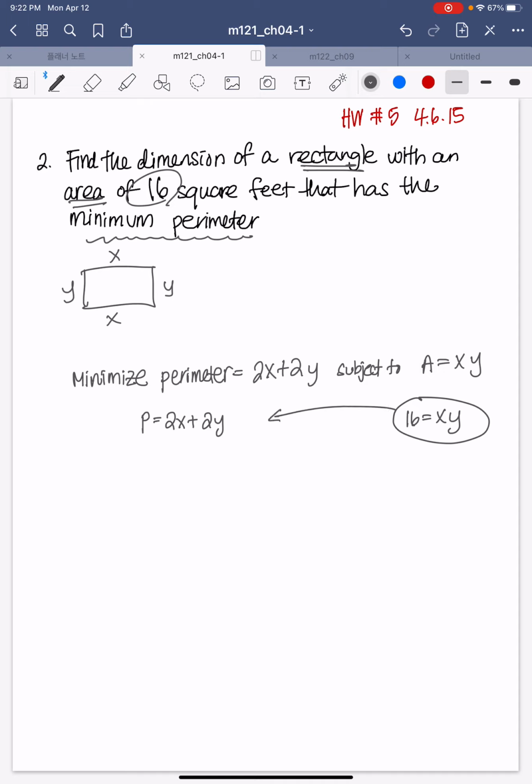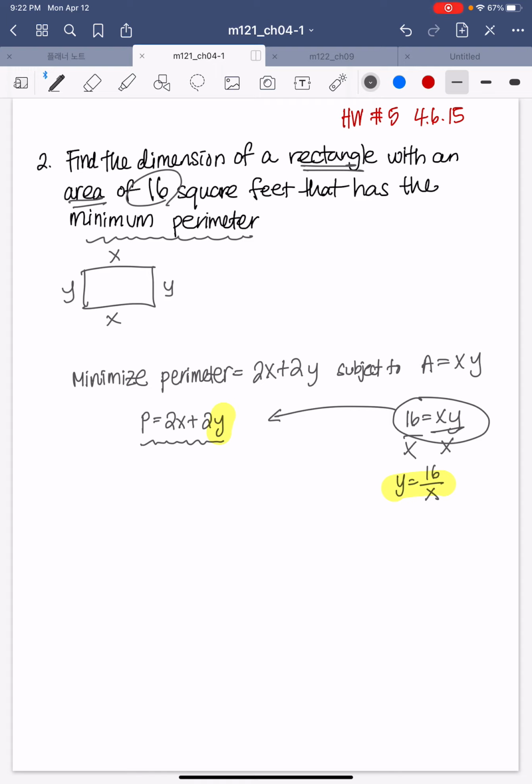Substitute either x or y, it doesn't matter which one, because the perimeter is the function that we want to minimize. So let's solve for y here, dividing by x, I have 16 over x. Let's plug that in wherever you see y. You can solve for x and substitute that value, it doesn't matter. Here I'm substituting y.